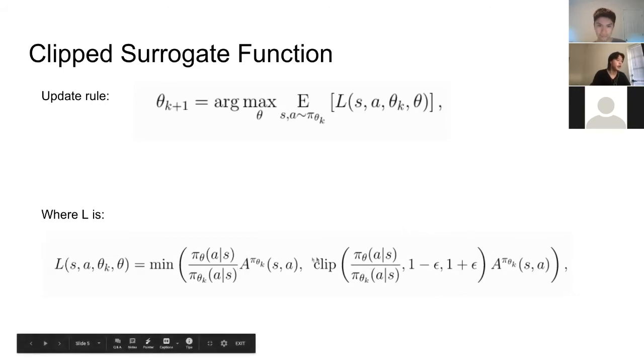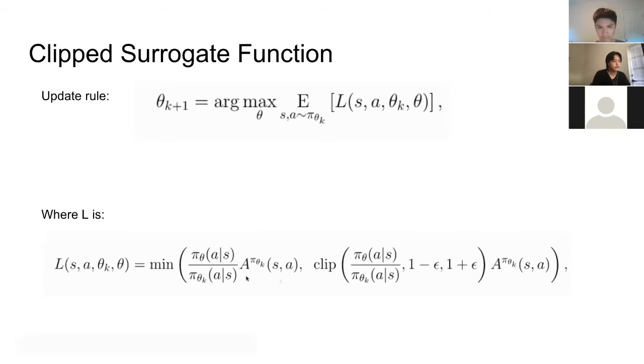Okay, and what makes this right side particularly interesting is this clip function right here. So you see that we have this ratio again on this side, but what makes it special is we're clipping it between these two bounds. So 1 minus epsilon and 1 plus epsilon.